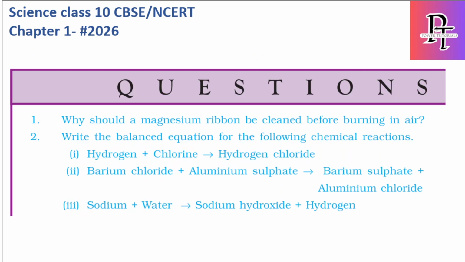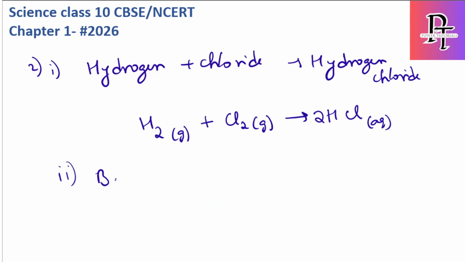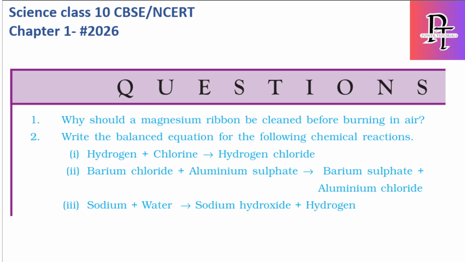So second one, barium chloride and aluminum sulfate. I'm directly writing the symbols. Barium chloride is BaCl2, aluminum sulfate is Al2(SO4)3, gives rise to barium sulfate and aluminum chloride.